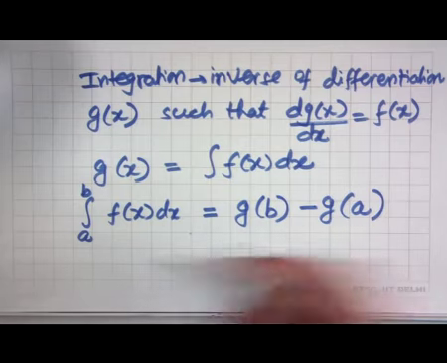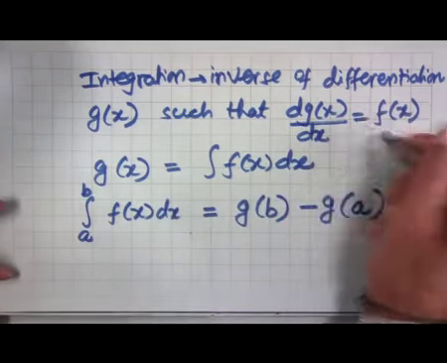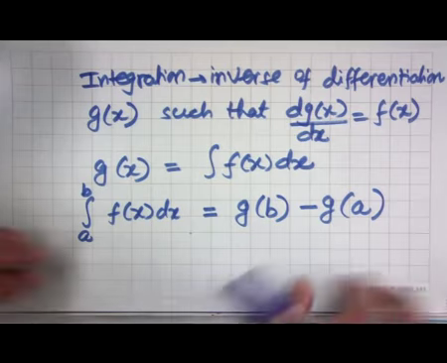This is how we put the limits in integration. If we just integrate and leave it in the form of a function, then the integral function is evaluated up to an arbitrary constant.